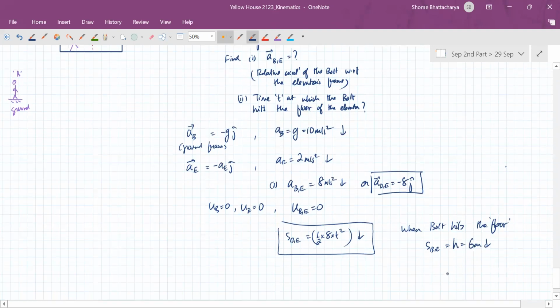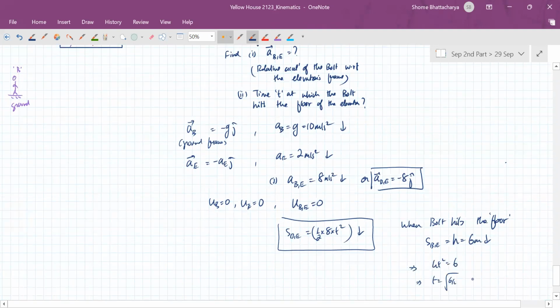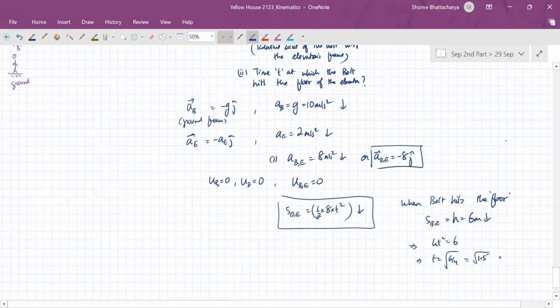So t should be equal to square root of 6 by 4, or square root of 1.5 seconds.